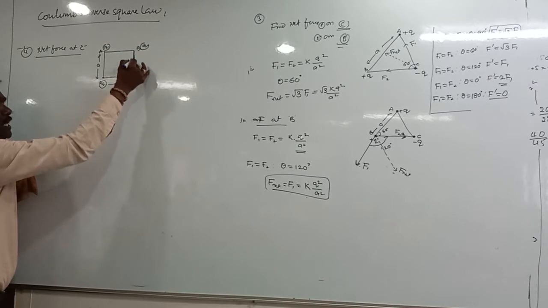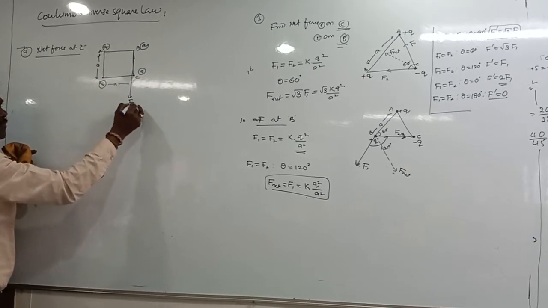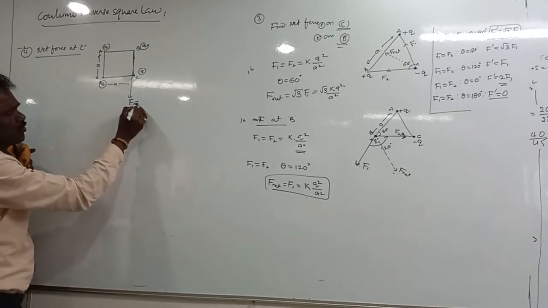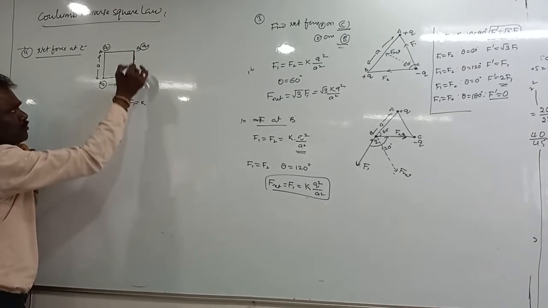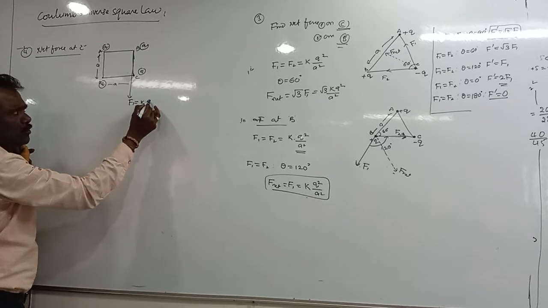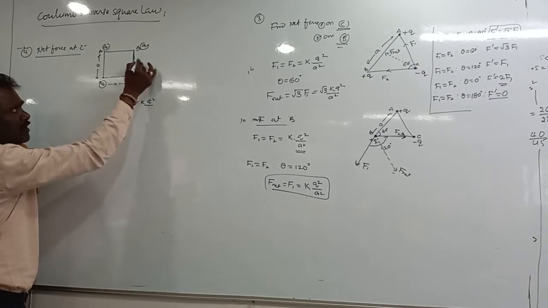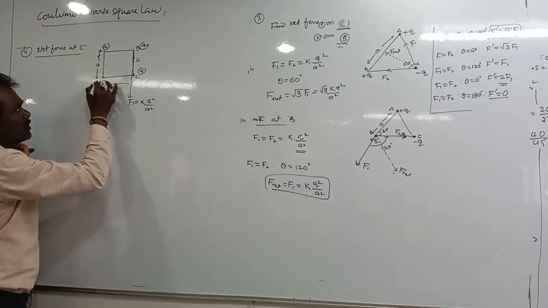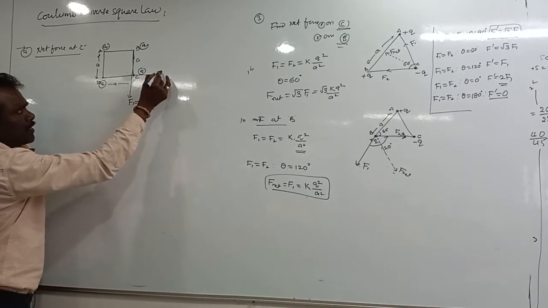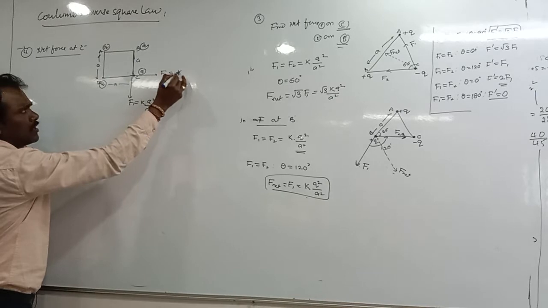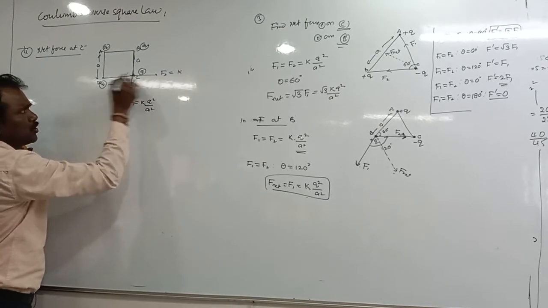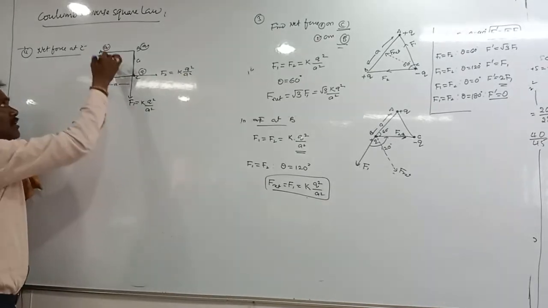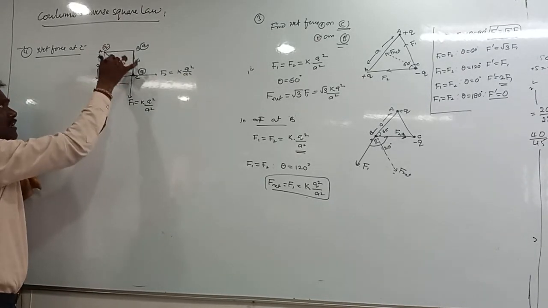Force due to B is F1, right? That is equal to what we can write? K into Q1 Q2, Q square by A square, and force due to D is F2, K into Q1 Q2, Q square by A square, and a third force is there.